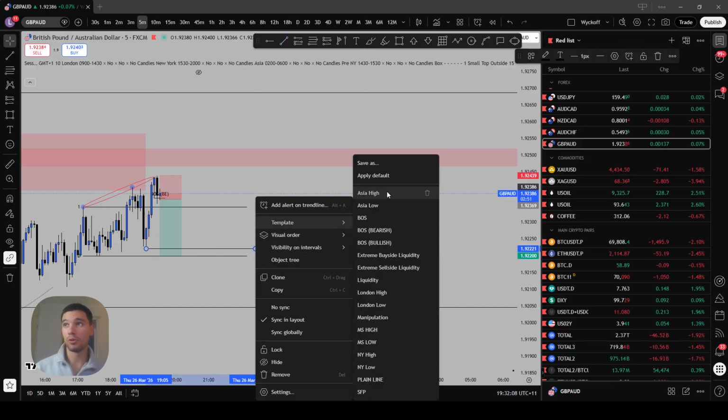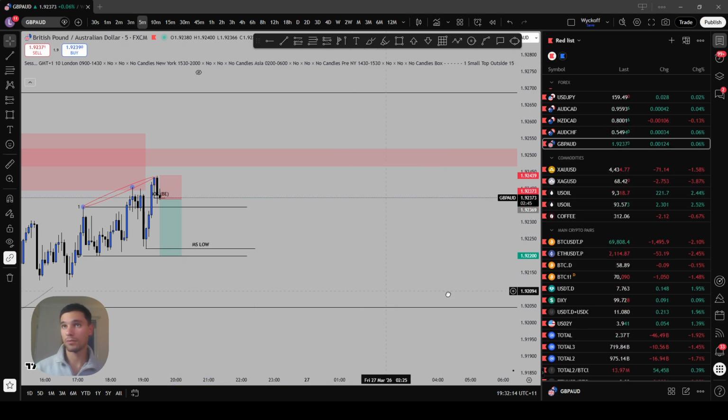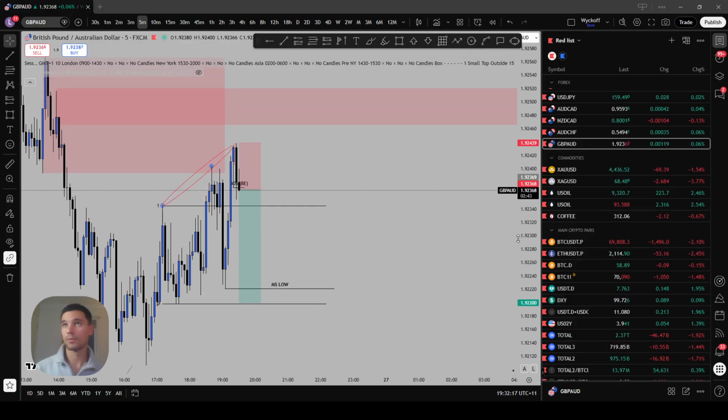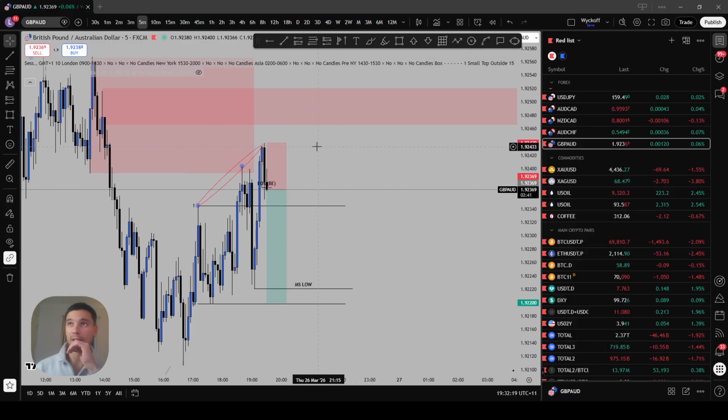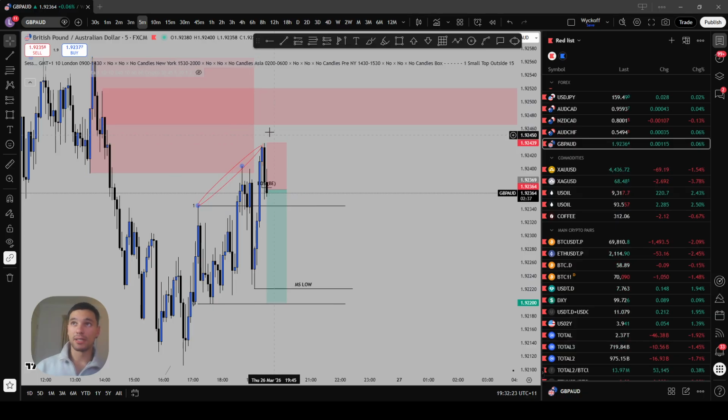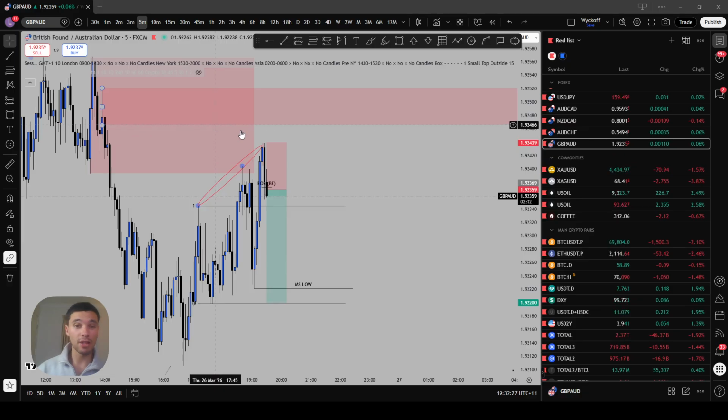This is the next most important market structure I am after. And obviously stops above here. We have front ran this refined supply area.